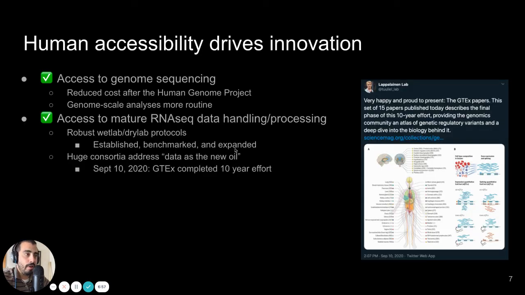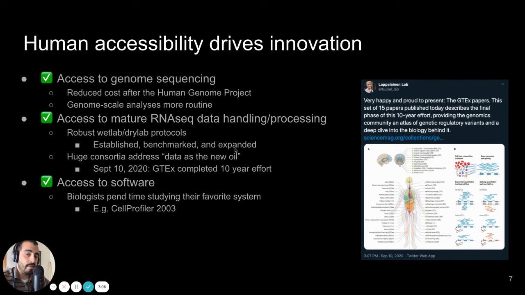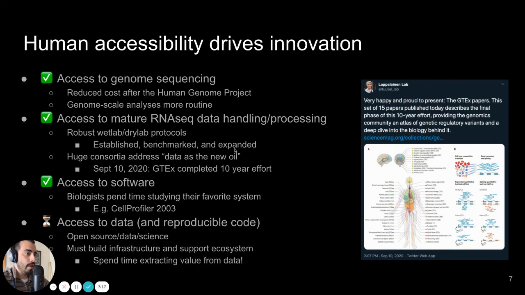We also see this transformation in RNA-seq data handling and processing, where a lot of these pipelines and procedures are very mature now. We've seen this in access to software. So now that biologists have software like Cell Profiler and other software tools, they can spend time studying their favorite system rather than tinkering with code. We're living right now in a time in which this paradigm of having access to data and reproducible code for biomedical data scientists is really going to drive a lot of innovation in the future.